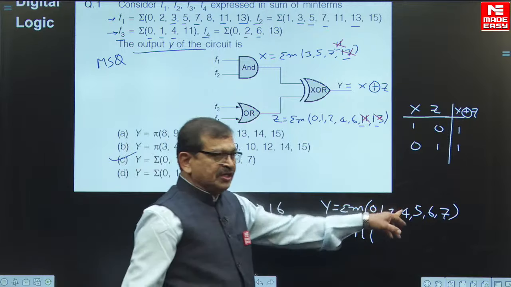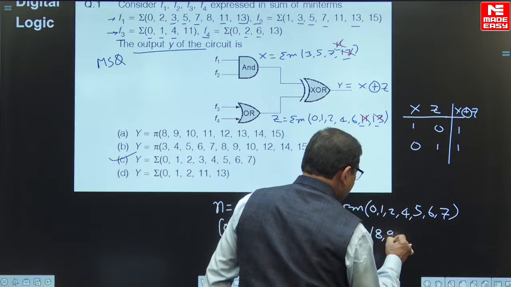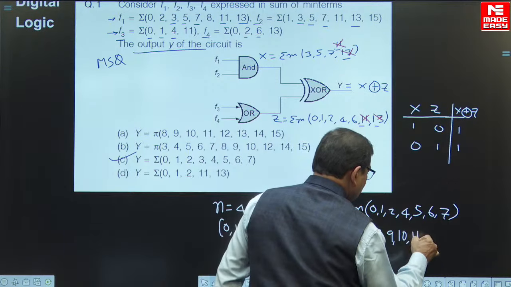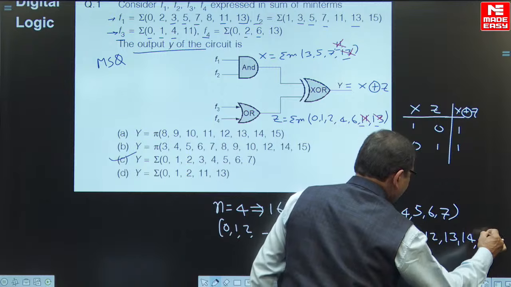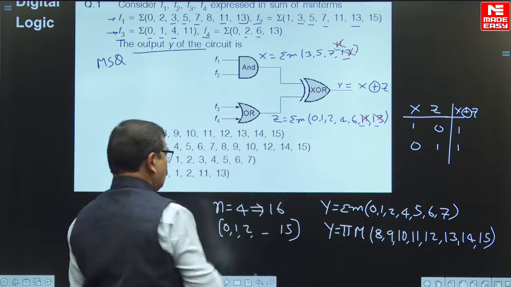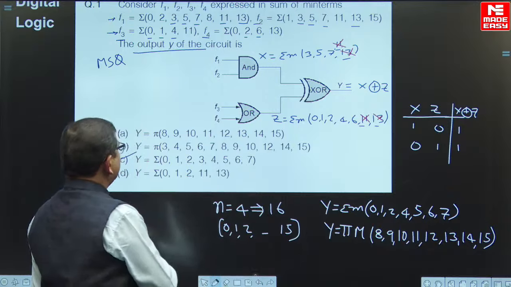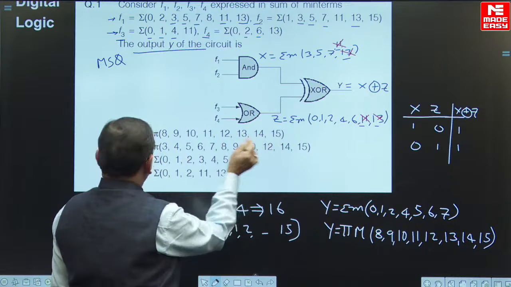The missing numbers are the maxterms: 8, 9, 10, 11, 12, 13, 14 and 15. They are the maxterms of the overall circuit output.